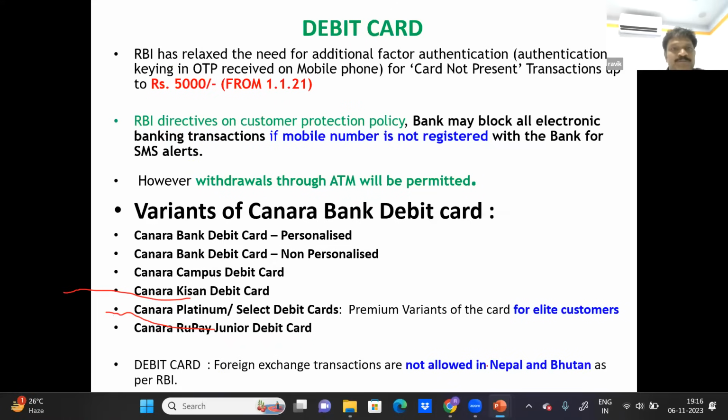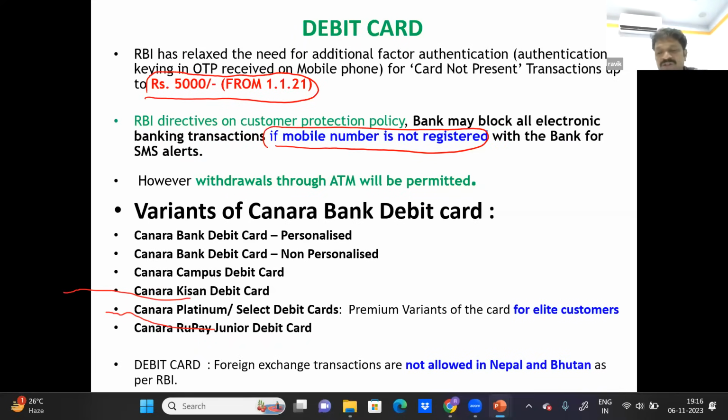Now, RBI, as you know very well, relaxed additional factor authentication, that is up to 5,000 rupees. That OTP we will receive above 5,000 rupees. That RBI has initiated. Then RBI has given a customer protection policy. Bank may block electronic banking transactions if mobile number is not registered.